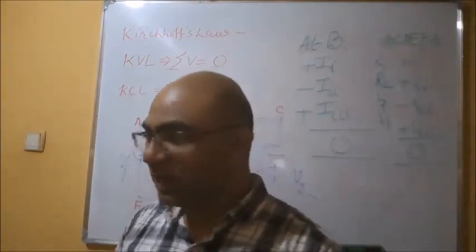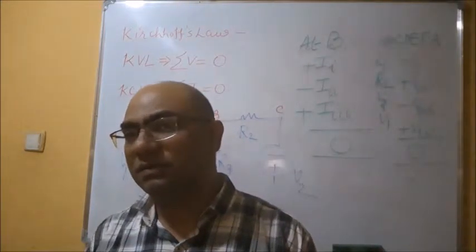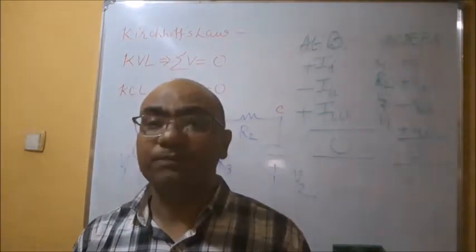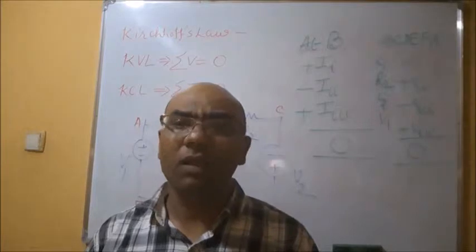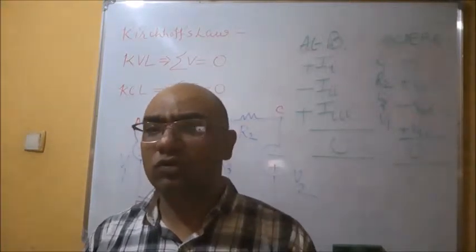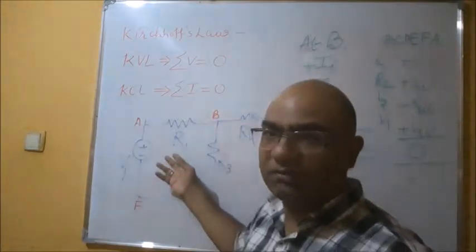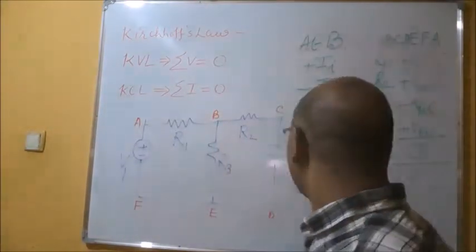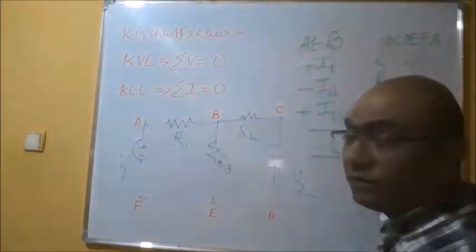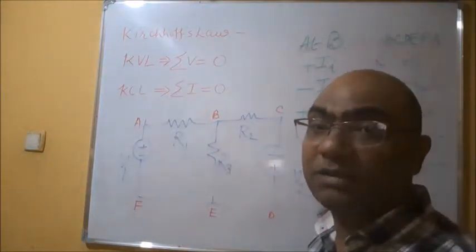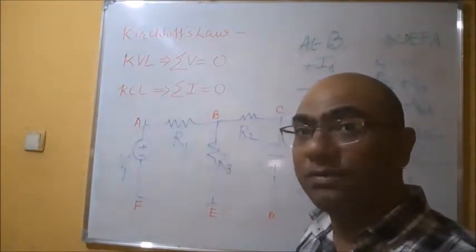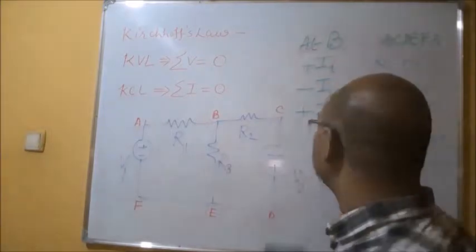So this can be done with an example. Let us start with one circuit, the same circuit we are going to solve, and for the same circuit, we will see step by step the steps that we keep in mind for applying KVL.